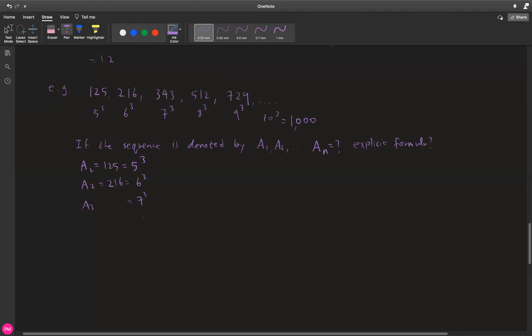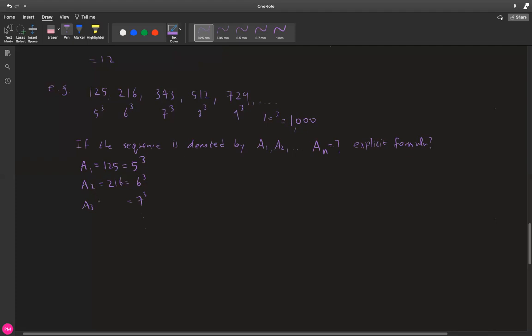If you want to find an explicit formula, it has to be in some form of n. It has to involve some number n that you can simply plug in to find these numbers. So for a sub 1, for any explicit formula that you have, if you plug in the number 1, it has to output 5 to the 3.